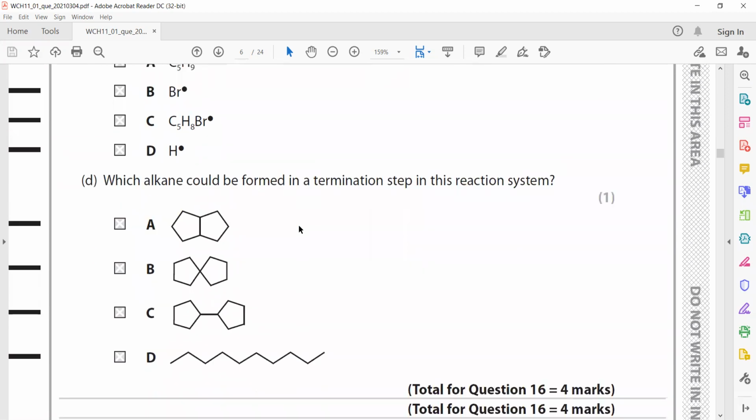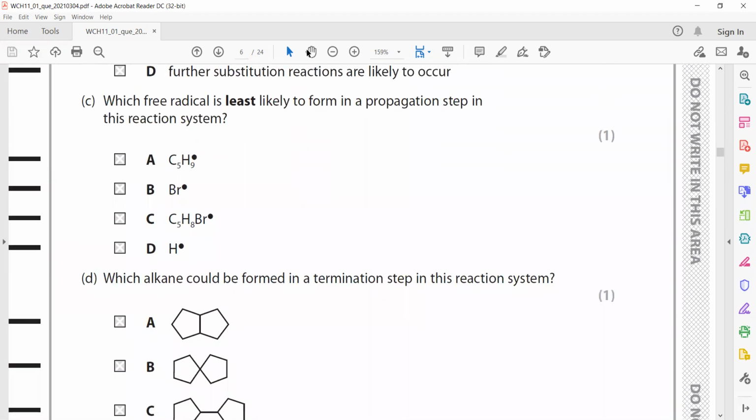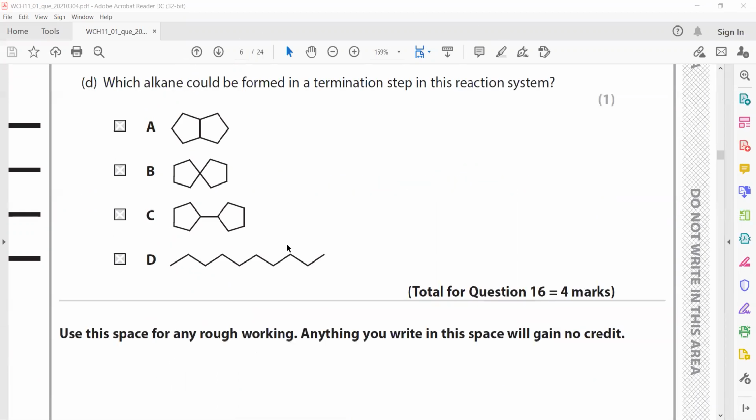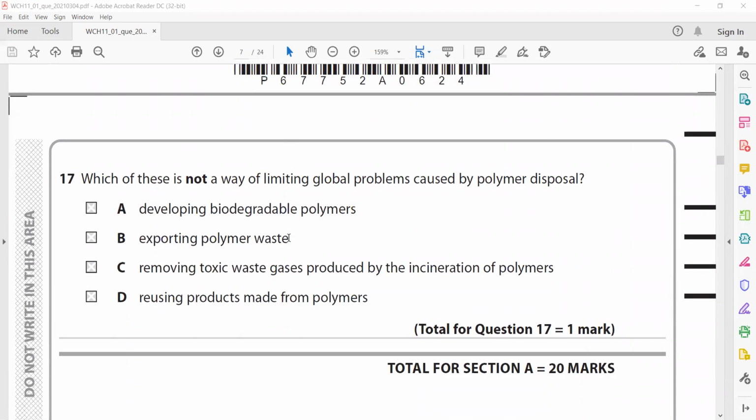So it's a cyclic compound, so two cyclic compounds may link with each other. The original compound is 1, 2, 3, 4, 5, cyclopentane. So cyclopentane may join with cyclopentane as well, which can result in this termination step, like one cyclopentane joined with another cyclopentane.